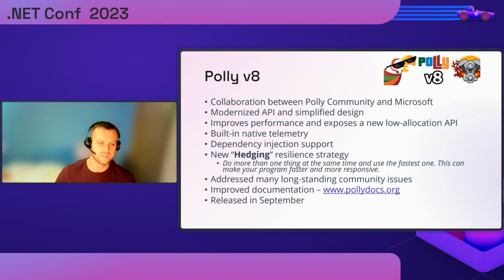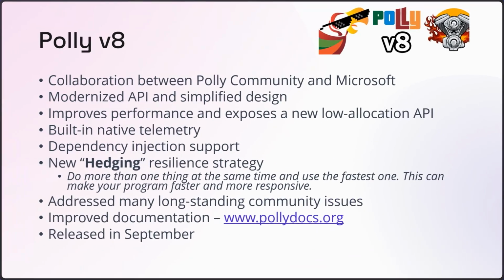Polly V8 offers a modernized API and simplified design. It also improves performance and exposes new low allocation APIs for advanced scenarios. It also offers built-in native telemetry, and it natively supports dependency injection. We also expose the new hedging resilience strategy. In short, hedging allows you to retry slow requests in parallel, but I will showcase hedging in the demo.